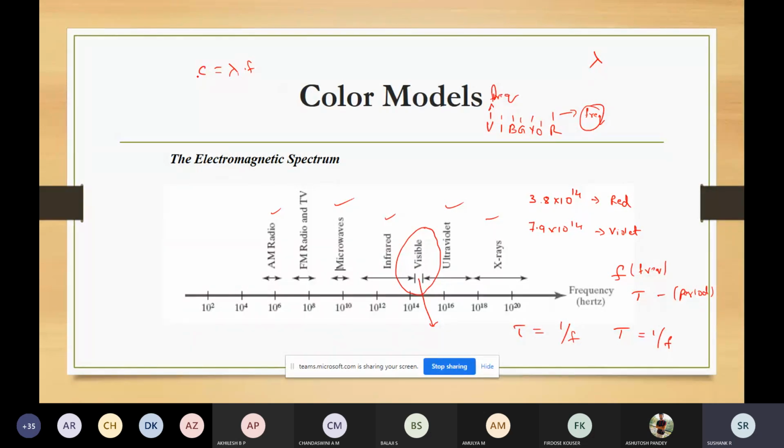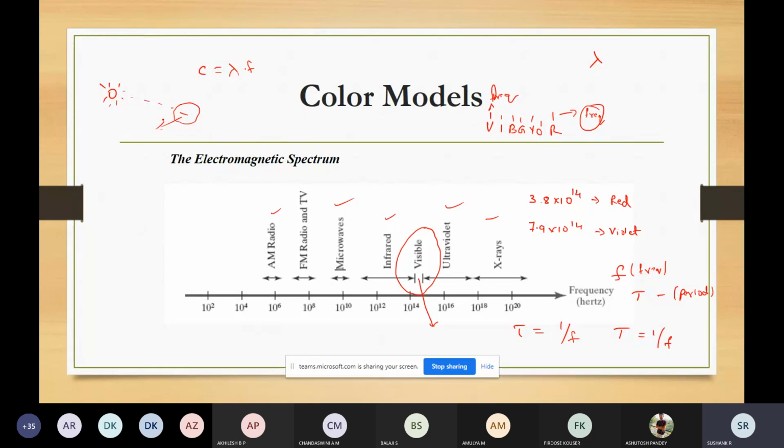For example, we have the sun, and light is coming and falling on some object. Some part of the light will be absorbed, some frequencies will be absorbed, and some frequencies will be reflected.